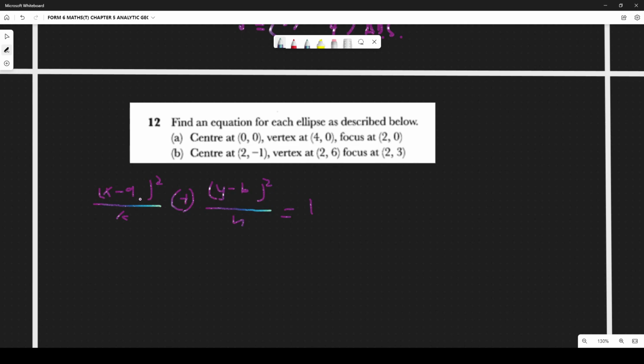So what do these things control? A and B, like before, control where your vertex or center is. For a parabola, the vertex is where it starts and it goes like this.